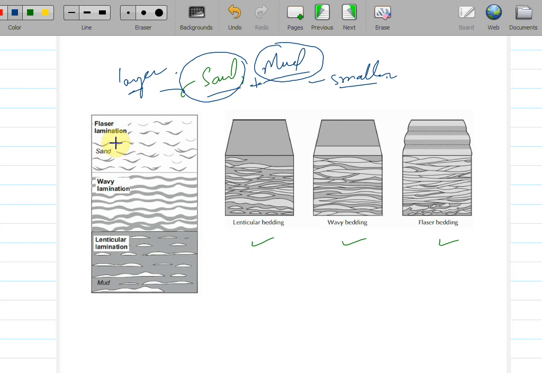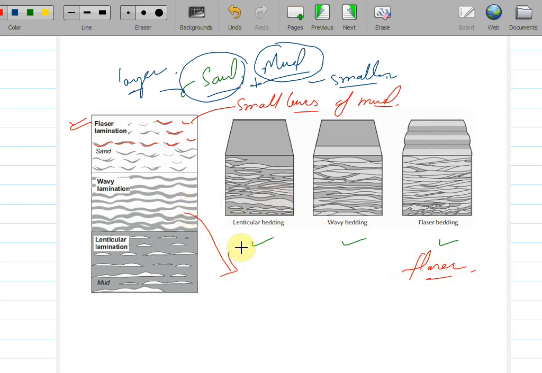So this grayish region you see here, right? This region, this is your mud, right? So these are very small lenses of mud. तो small lenses of mud हैं जिस bedding में, and rest is sand. So this type of bedding is called flaser bedding.